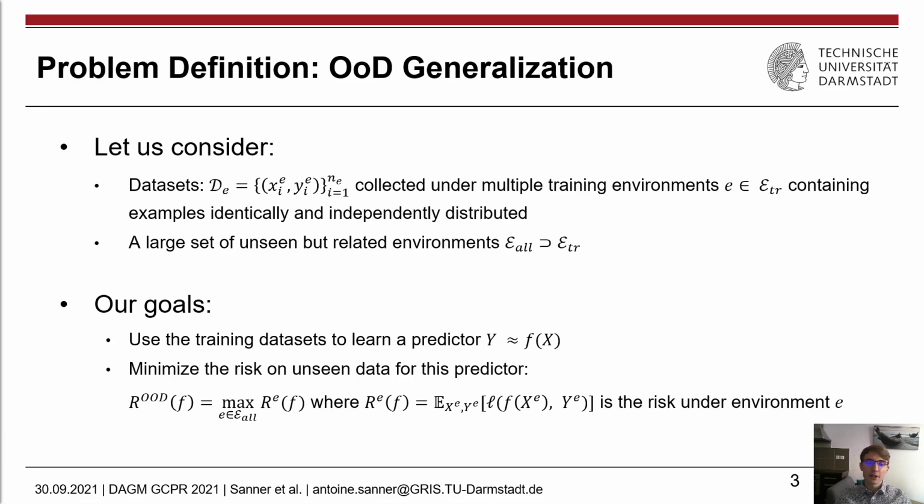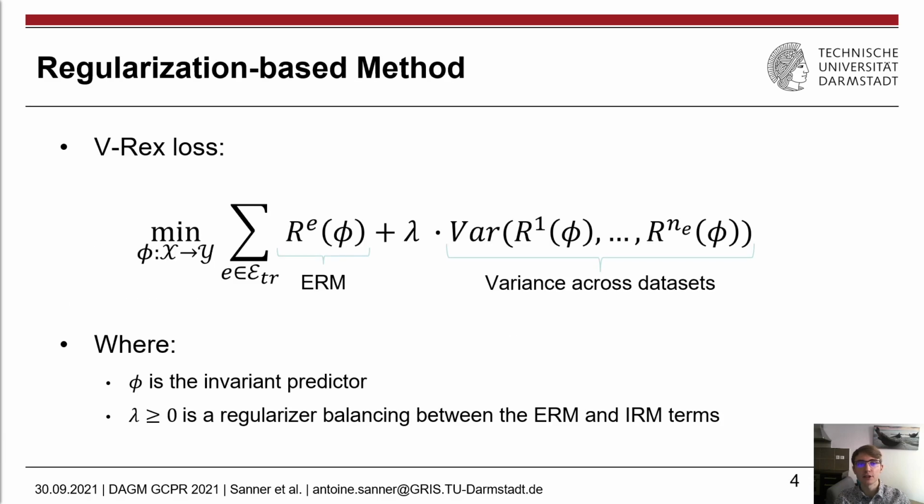Having said that, the first family of methods which tackle this issue is regularization-based, and usually takes the form of a loss function where you minimize your empirical risk as usual, but you also add a regularizer which will enforce an intuition across all training environments.